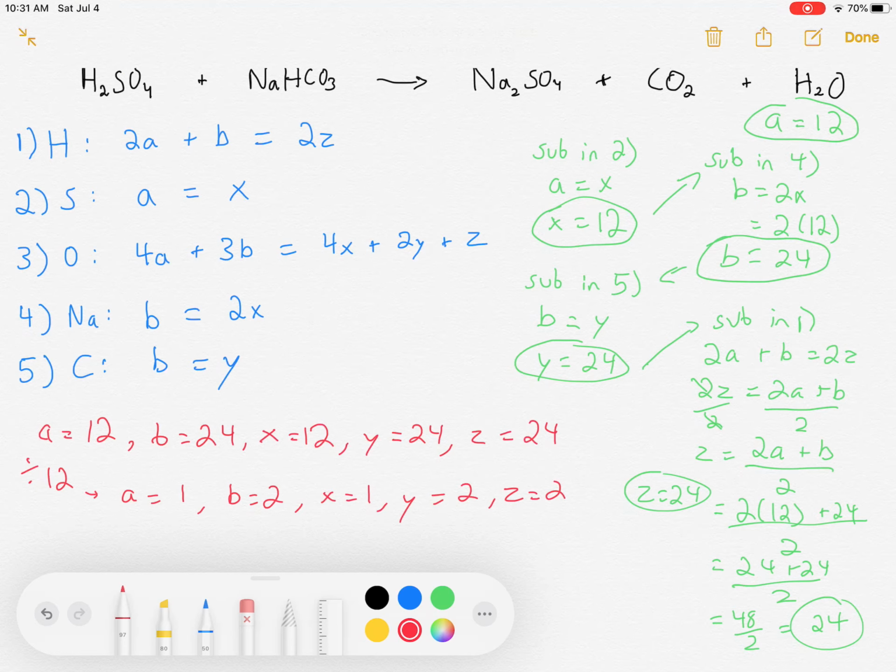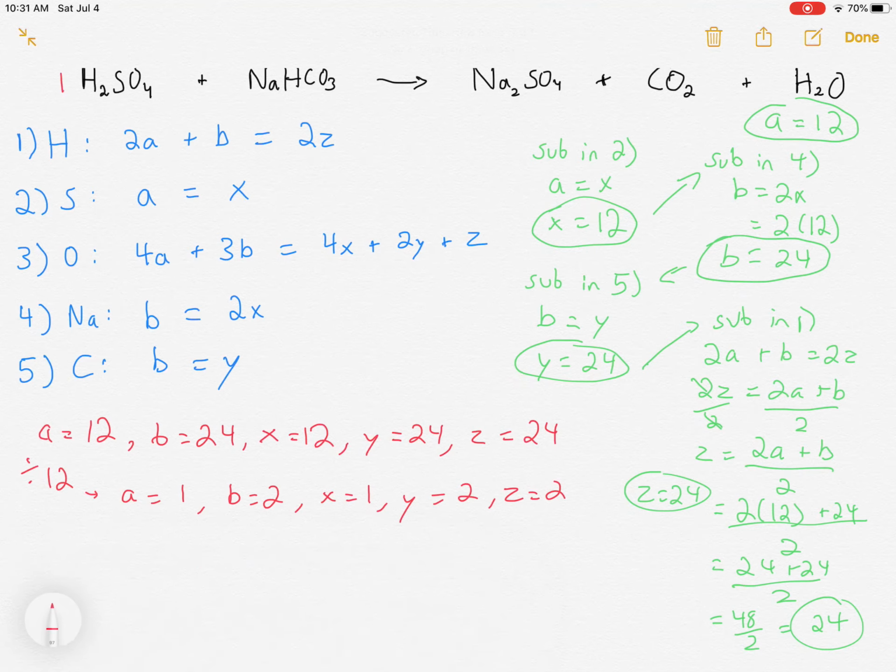So you never need to put a 1 in front of any compound in balancing an equation. You never need to do that. I'm just going to do it for the sake of clarity here. So 1 molecule of sulfuric acid reacts with 2 molecules of sodium bicarbonate to produce 1 molecule of sodium sulfate and 2 molecules of carbon dioxide and 2 molecules of water.